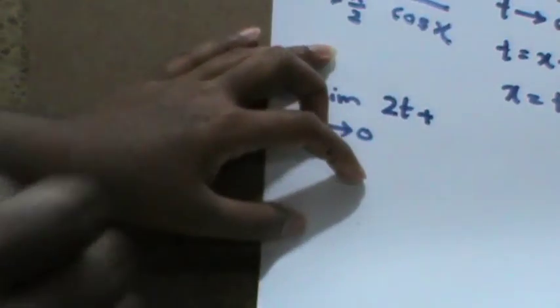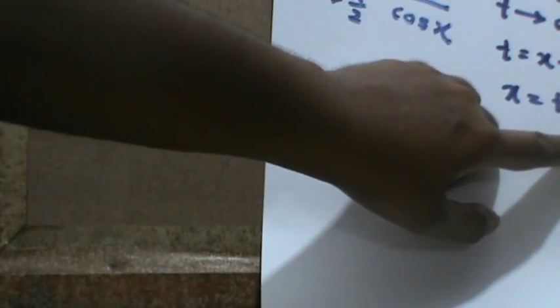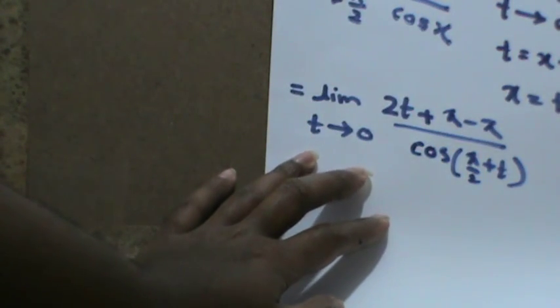So the next step is the limit when t goes to 0. 2 times x here is 2t plus 2 times 5 by 2, which is 5, and here you get another 5, and in place of cos x you get cos of 5 by 2 plus t, right? Cos 5 by 2 plus t.